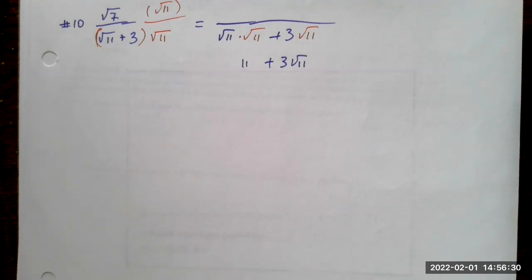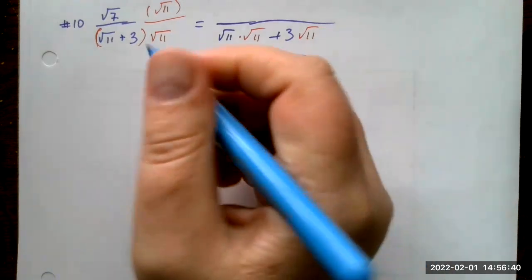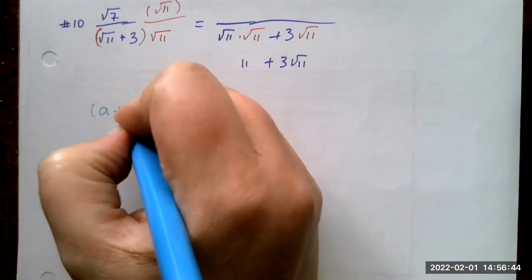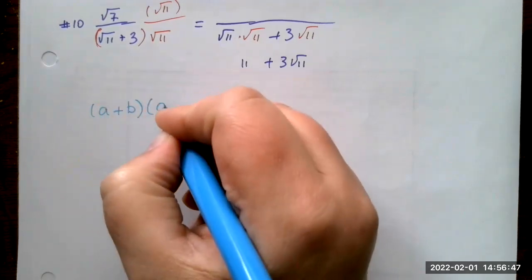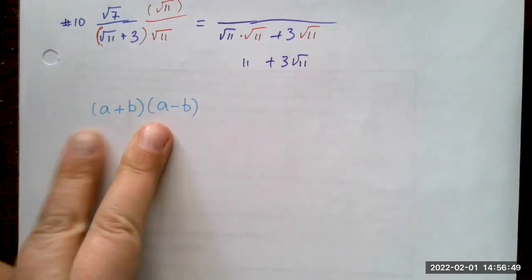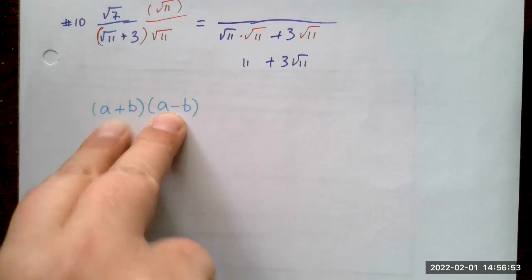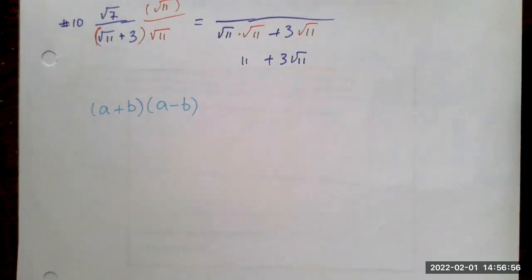And what comes in handy here is a formula that hopefully you learned in intermediate algebra, and that's the multiplication of two binomials that look exactly the same, except the sign in between them is different. In the first group, we have a plus, and in the second group, we have a minus.